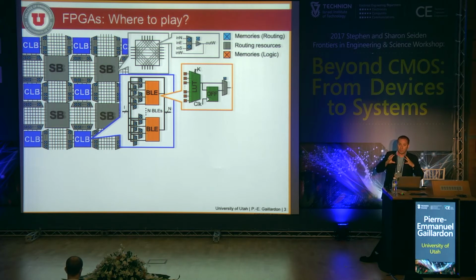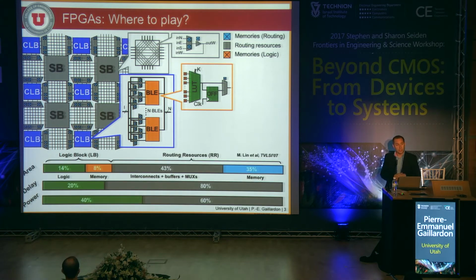These elements are immersed in a complex array of routing structures, which are actually composed of routing multiplexers programmed by SRAMs. If we start looking at the area, delay, and power breakdown of such an architecture, you can see that only 14% of the area is used for logic computation. And one can draw very similar conclusions for delay and power.